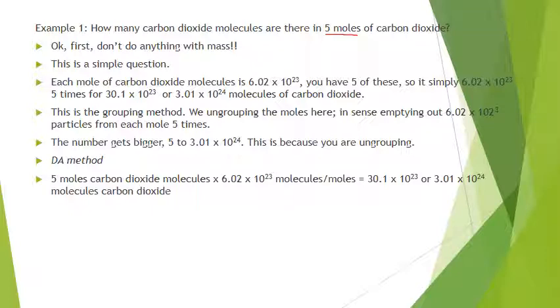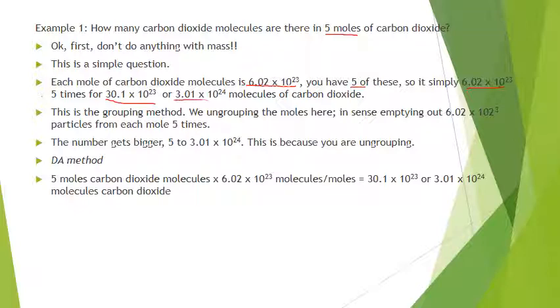So this is a simple problem. So you know that each mole is 6.02 times 10 to the 23rd. You have 5 of them. And so you're going to do 6.02 times 10 to the 23rd 5 times. Okay, which is 30.01 times 10 to the 23rd.